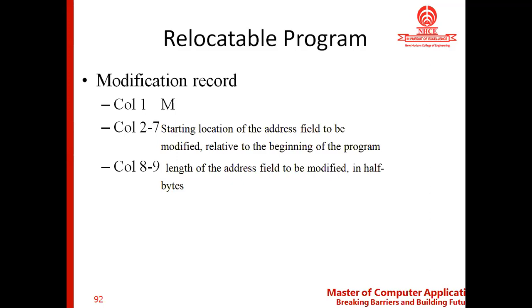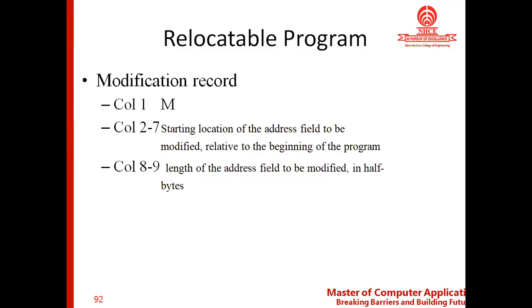If so, it has to be done. That information is provided by the assembler, for which we use the modification record. And what is the format of the modification record, which is given in the slide? You can see that M denotes the modification record, followed by the starting location of the address field which needs to be modified.